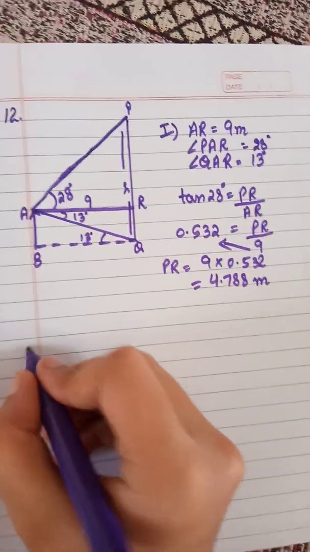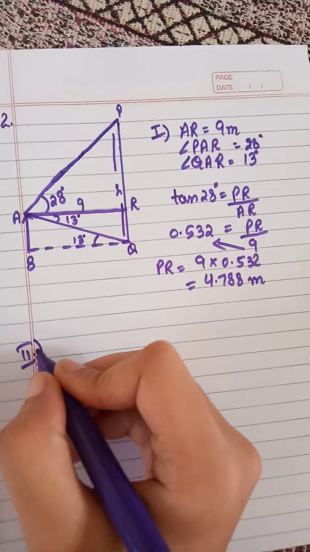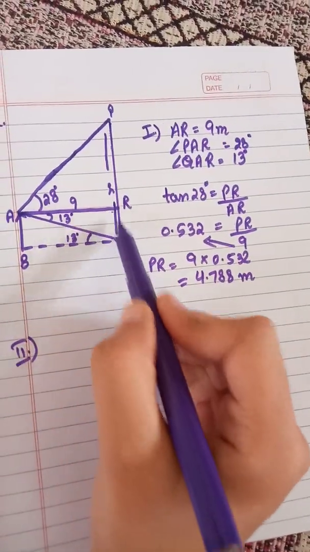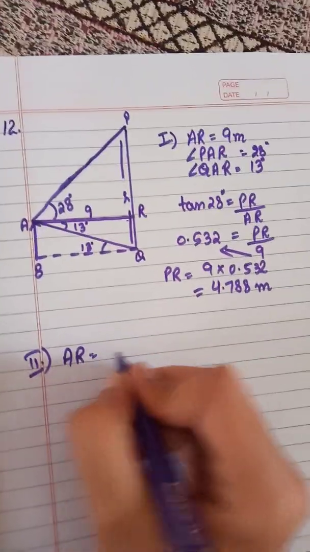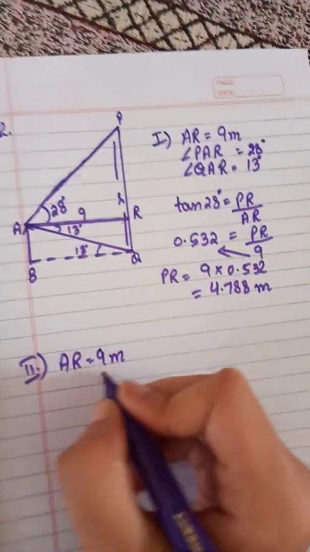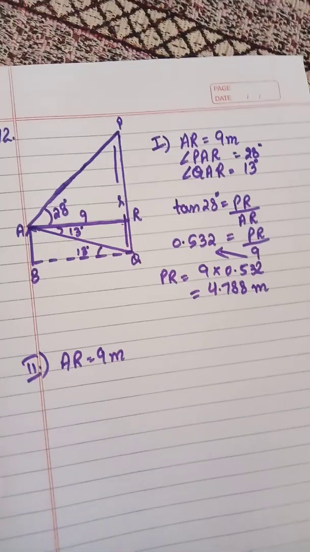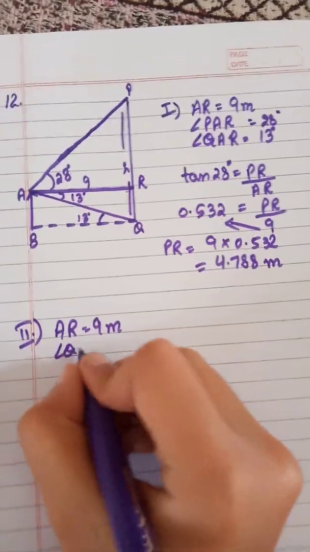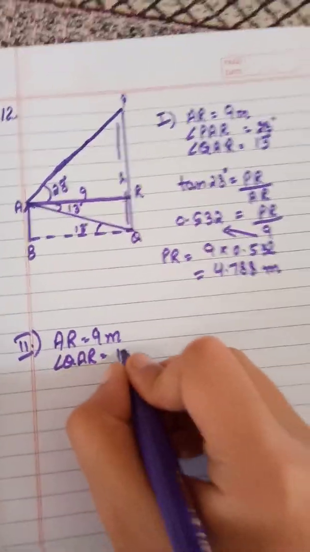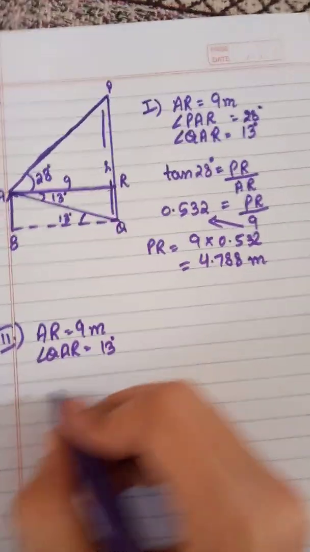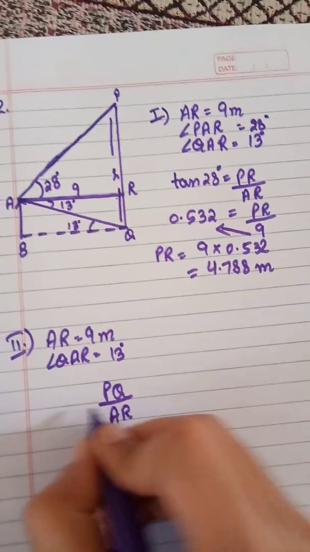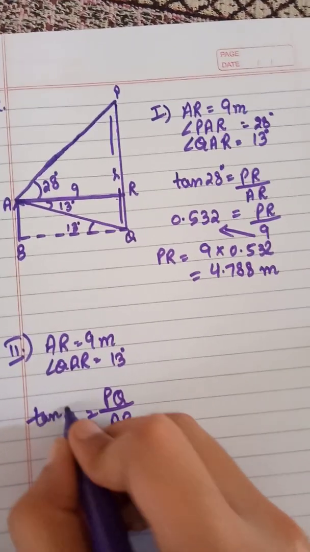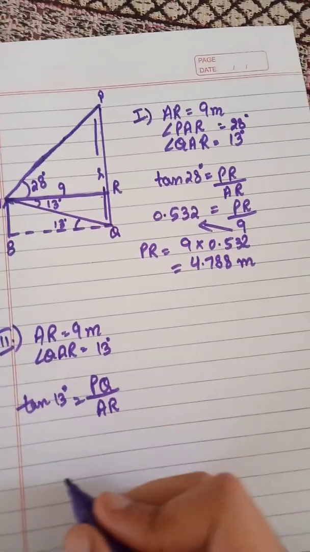Now the second part of our question. Now we will take this triangle. In this, AR is the same 9 meter and angle QAR is 13 degree, which is also the same. So PQ by AR is equal to tan 13 degree.